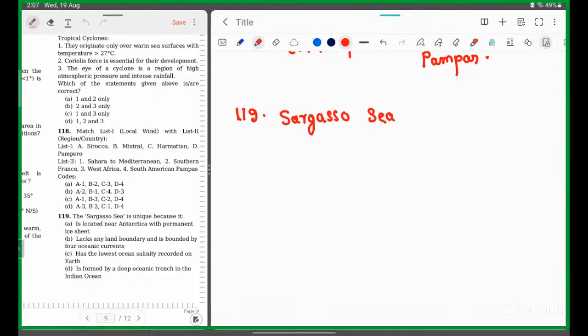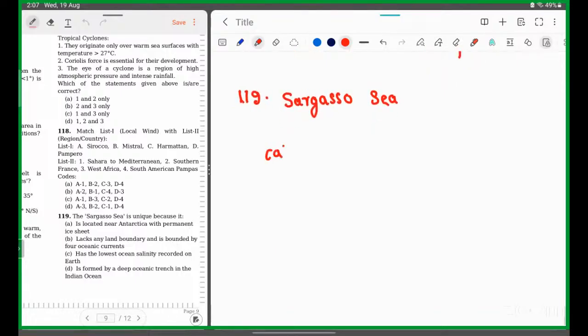Has the lowest salinity recorded on Earth and is formed by a deep oceanic trench in the Indian Ocean, which is also not the reason.